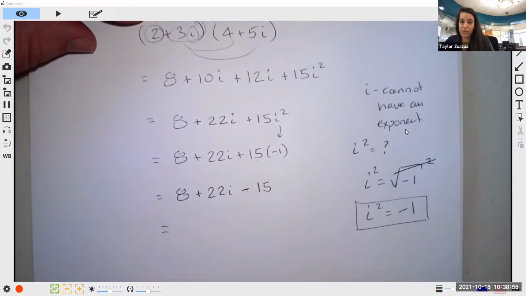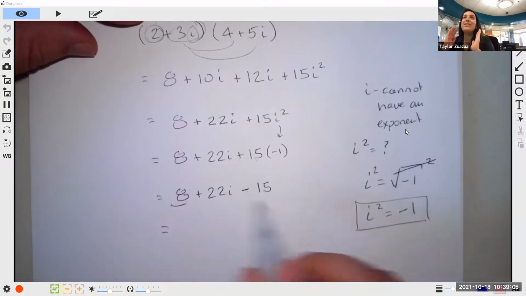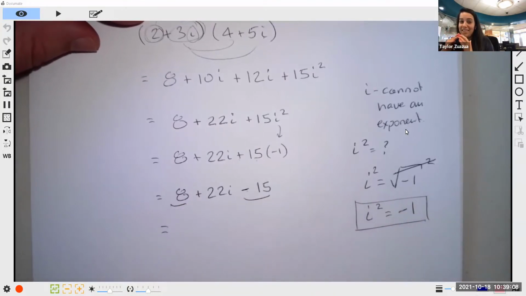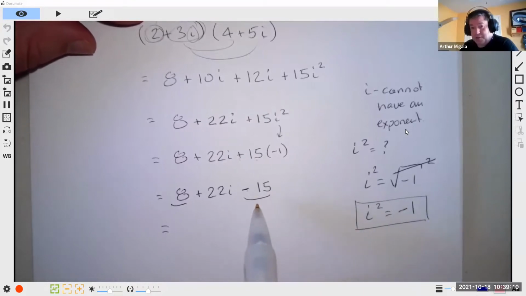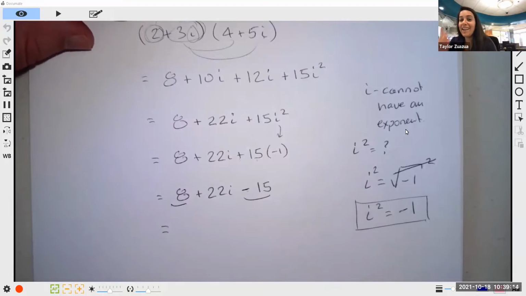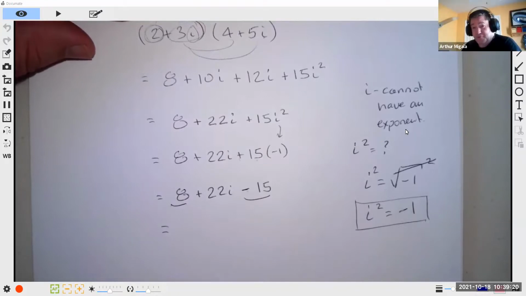So 8 minus 15. Is it positive or negative first? Positive 8 and negative 15. Is it going to be positive or negative?